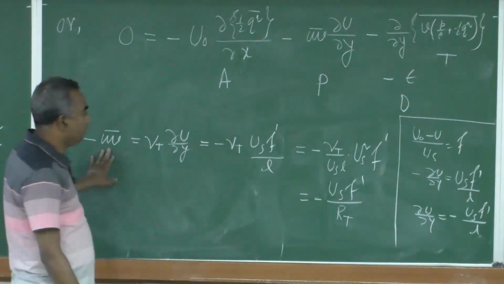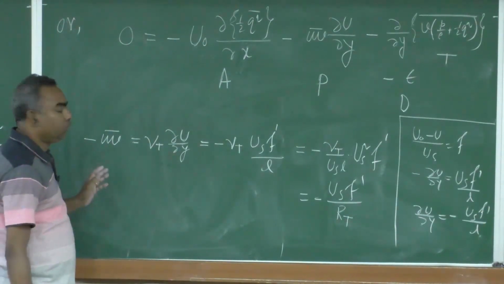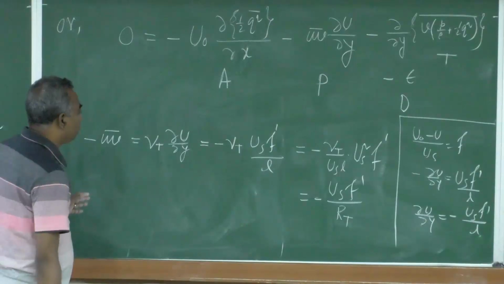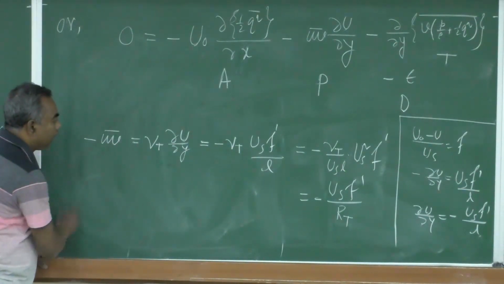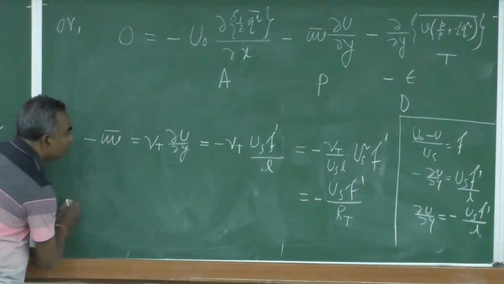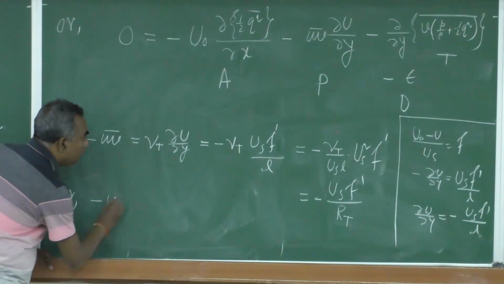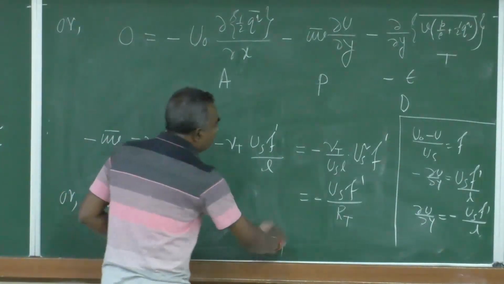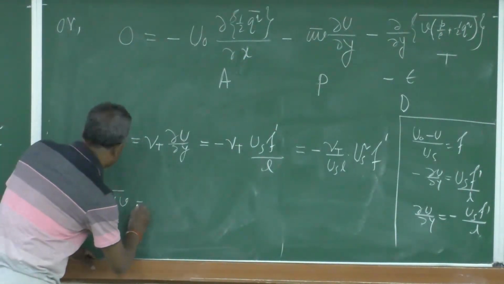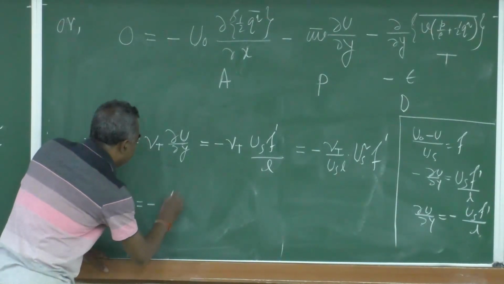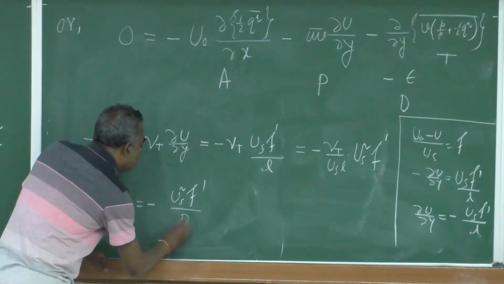Now, you see we expect that this and your kinetic energy Q are going to be closely related. Now, let me write this in the next line. So, uv equals minus us square F prime divided by R t.